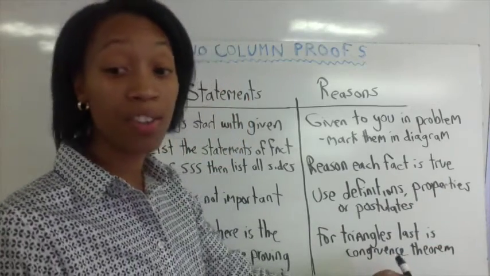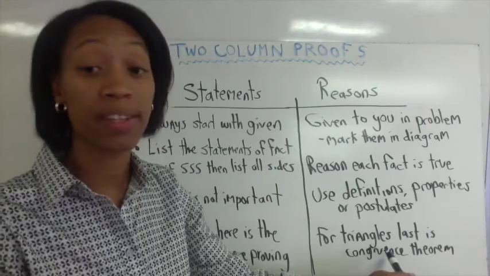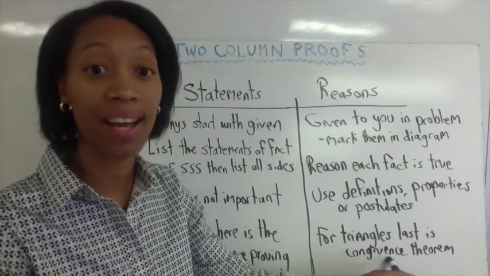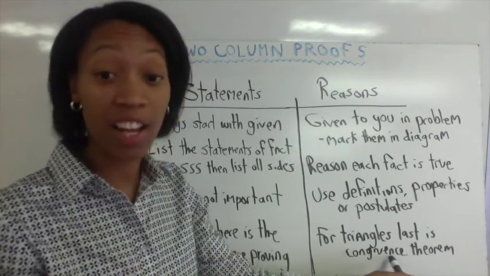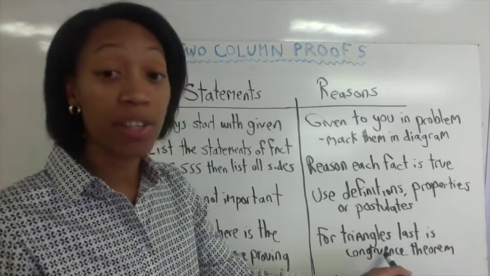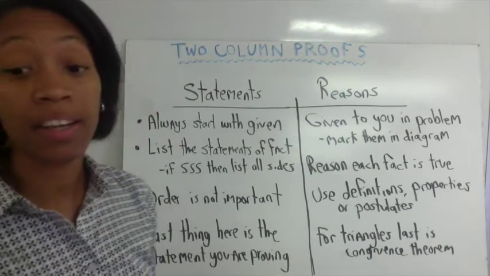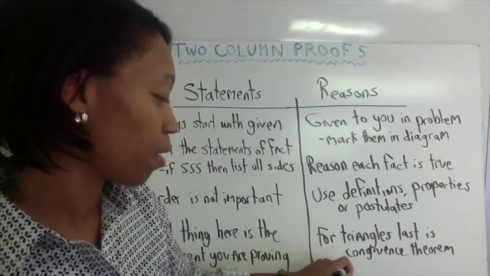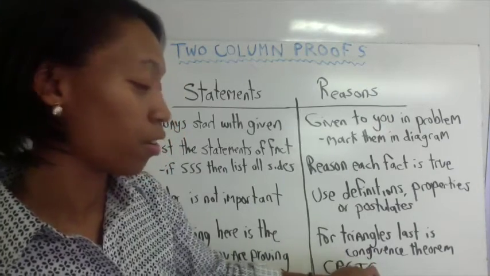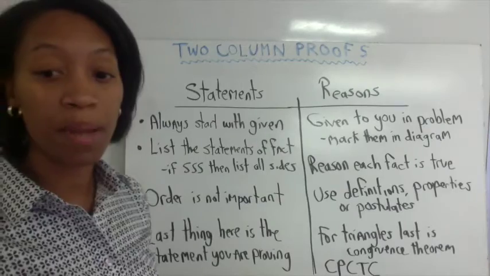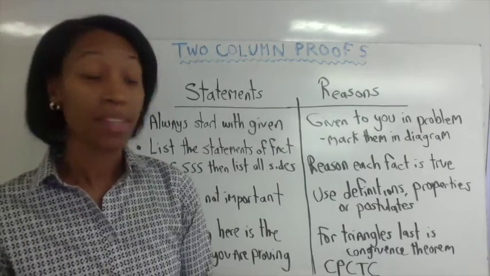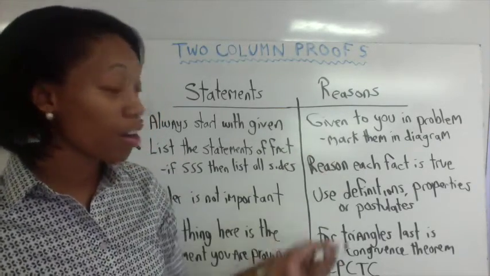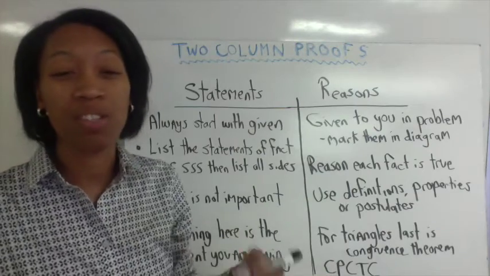So for triangles, the last thing is either a congruence theorem, like side, side, side, side, angle, side, HL, any of the congruence theorems, or the last thing could be CPCTC, corresponding parts of congruent triangles are congruent, which you may or may not have learned yet. So these are the kind of things you give as your reasons.